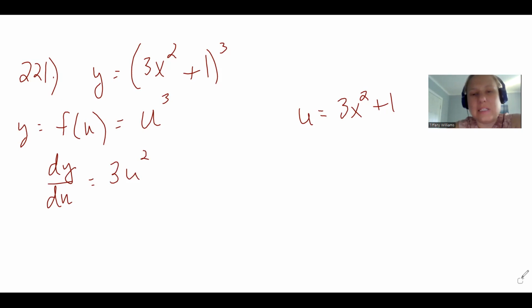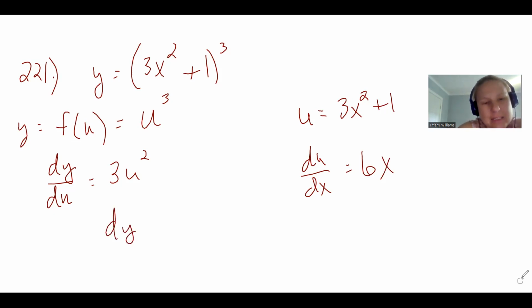And then I need to find du dx. The derivative of u is now going to be 6x, and the plus 1 goes away because the derivative of a constant is 0.